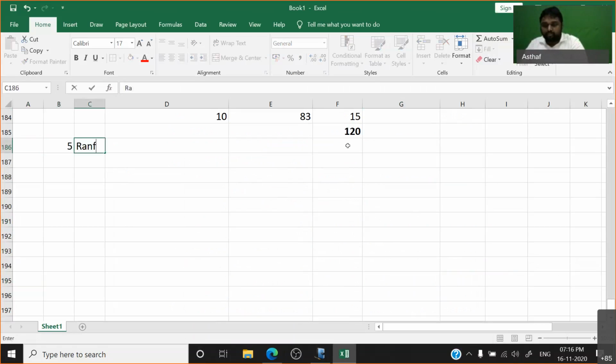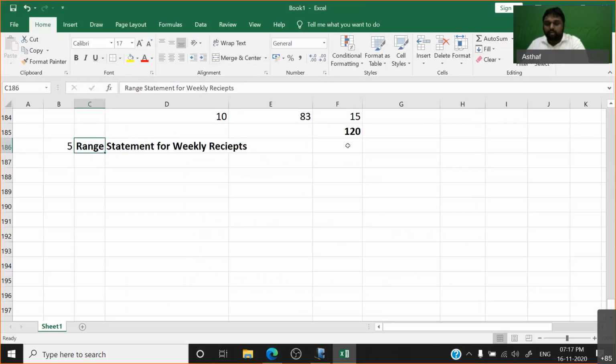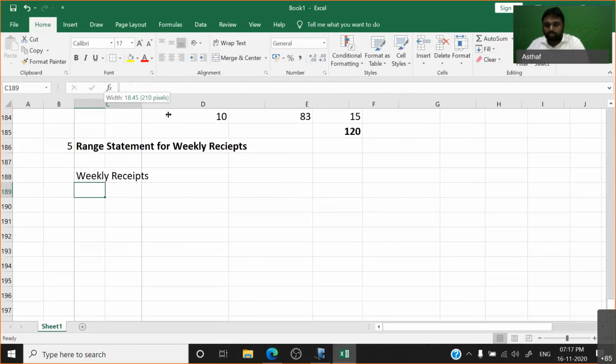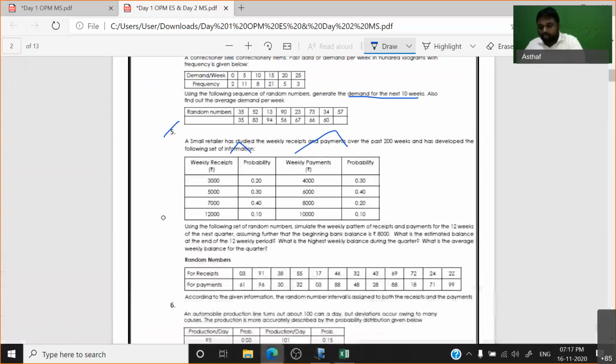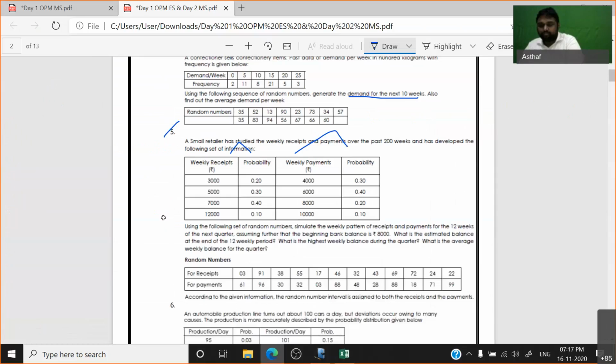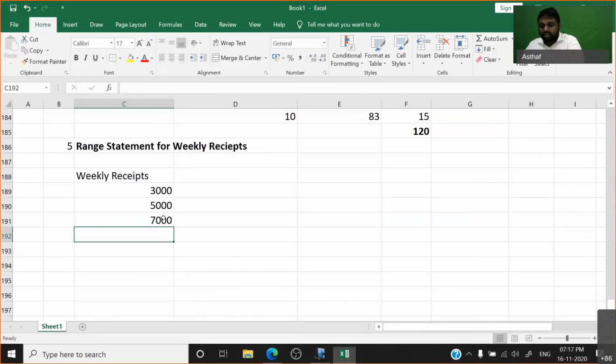Range statement for weekly receipts. So how will we do it? Weekly receipts: $3,000, $5,000, $7,000, $12,000.